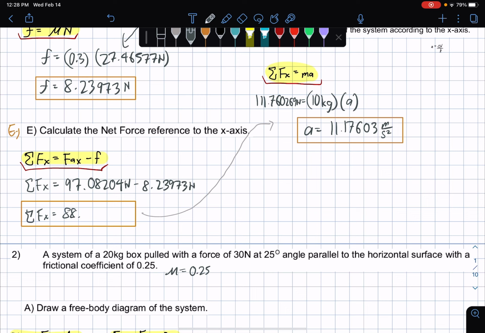We have 88.84231, and then the answer is 8.884231 meters per second squared.